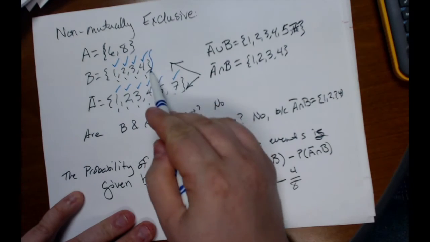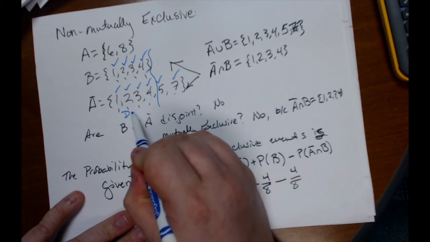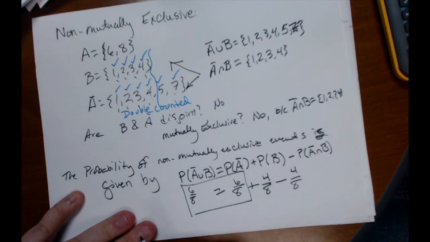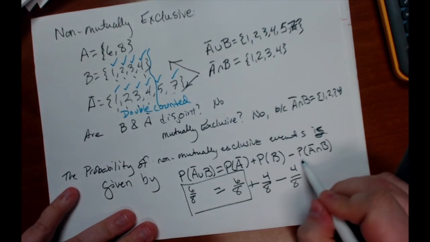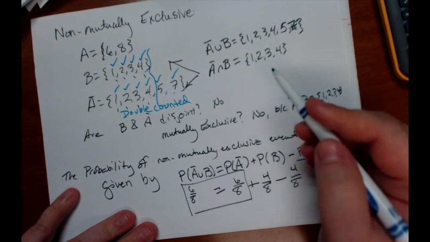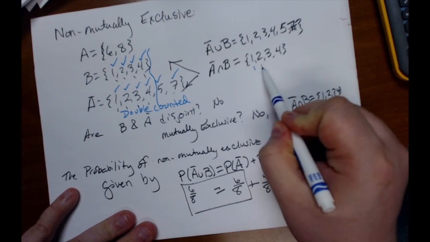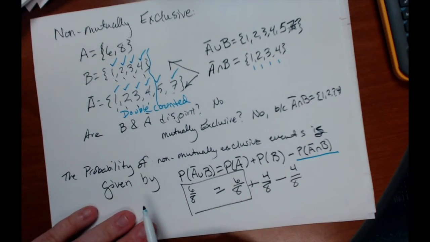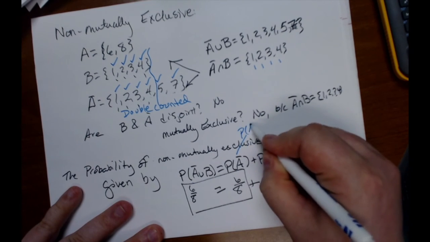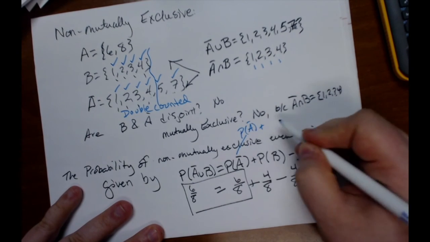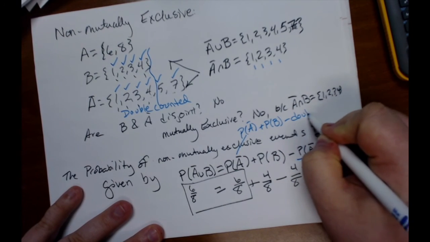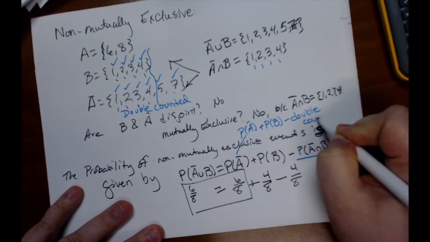But I've doubly counted, right? A complement intersect B is exactly those 4 that I will have double counted. So we take the probability of A complement, the probability of B, minus anything that was double counted.